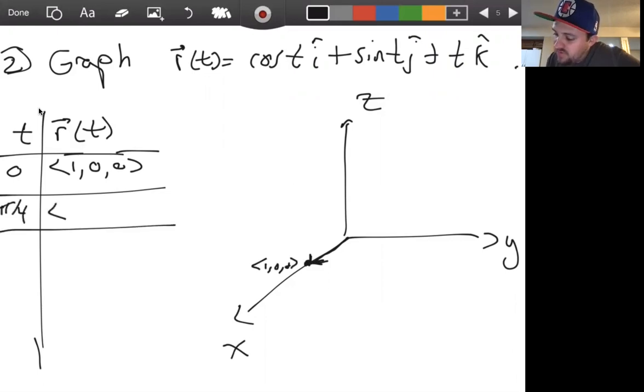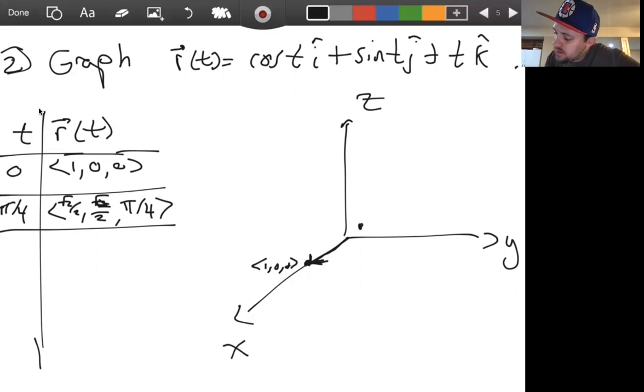If we look at pi over 4, well, cosine of pi over 4 is root 2 over 2. Sine is root 2 over 2. And then t is just going to be pi over 4. Right? And so that means we're marching root 2 over 2 units in the x direction, root 2 over 2 units in the y direction, and then up pi over 4 units.